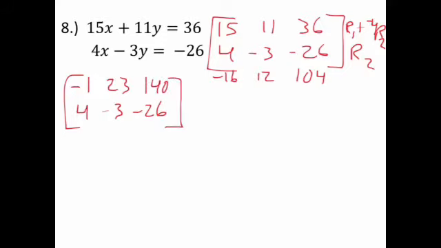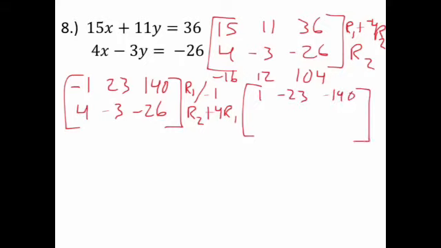So now that I got this, I'm going to take row 2 and add 4 times row 1, because that'll give me a 0 right there. And I'm going to take row 1 and just divide everything by -1 to make that positive there. So this is going to give me 1, -23, and -140. And temporarily I need to times all that by 4, so that's -4 here.